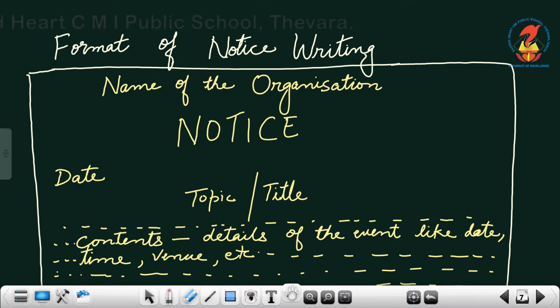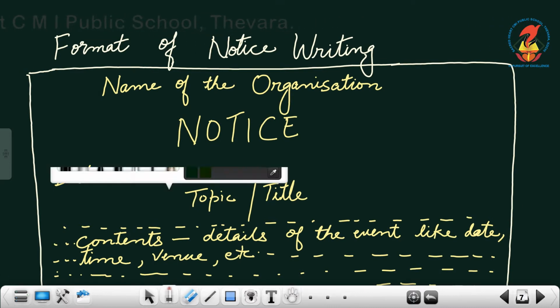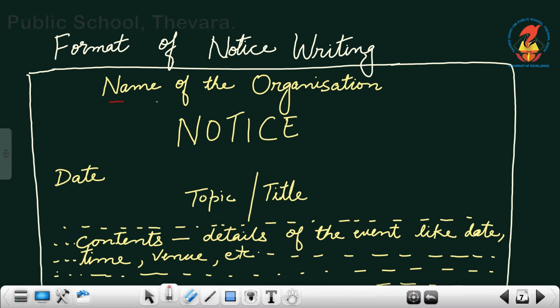The format of notice writing, I told you, on top you will write the name of the organization, from which organization this notice is issued. Then the word notice is written in block letters, not in running handwriting but in block letters. Then you mention the date towards the left hand side, followed by topic or title. When you read the title, you should be able to know what this notice is about.